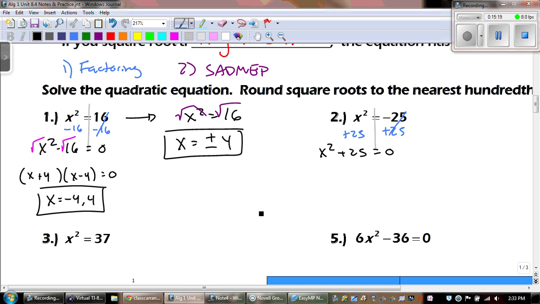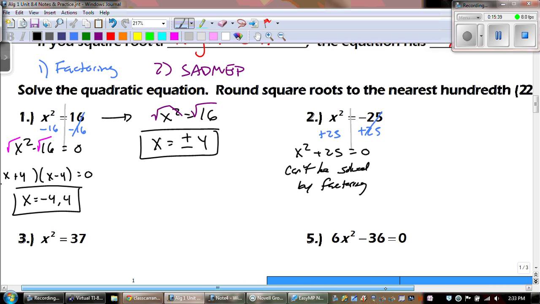This isn't the difference of two squares. It's a quadratic binomial. It's addition and not subtraction. So I can't do anything else with this. Okay, this can't be solved by factoring. Okay, sorry, that's really sloppy.